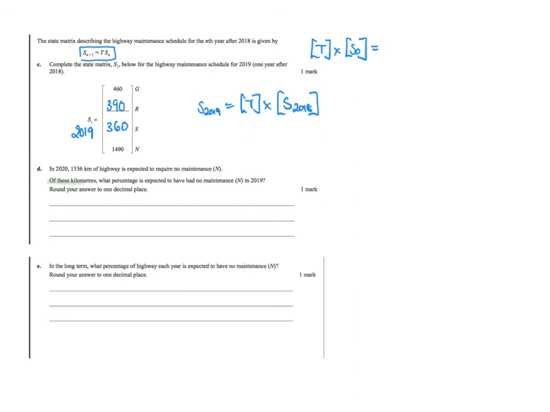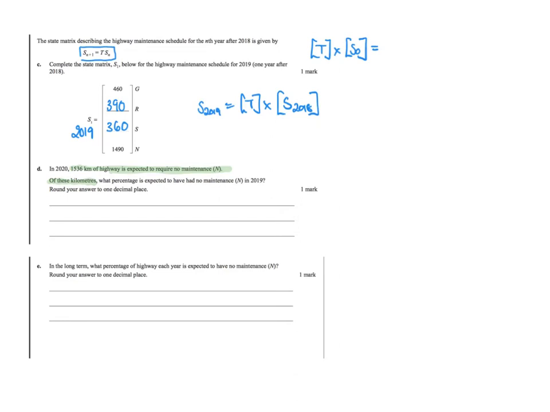So as soon as you see that, they're talking about the no maintenance ones. What percentage of the no maintenance in 2019 is expected to have no maintenance in 2020?